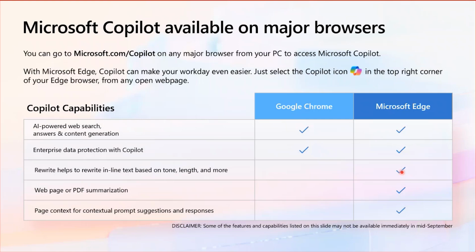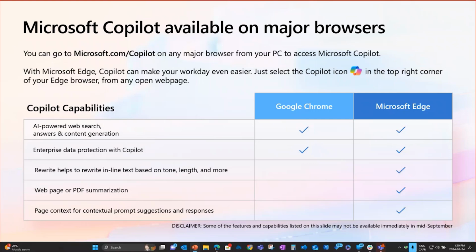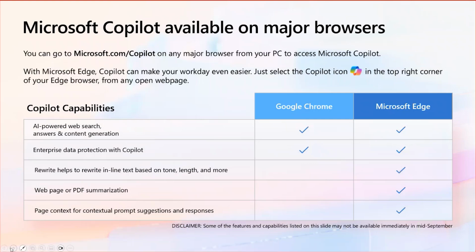I don't use it professionally because I wouldn't want to share my data without it being encrypted. But on a personal note, I use it that way. To get the best experience, I think using Microsoft Edge is really the best way.